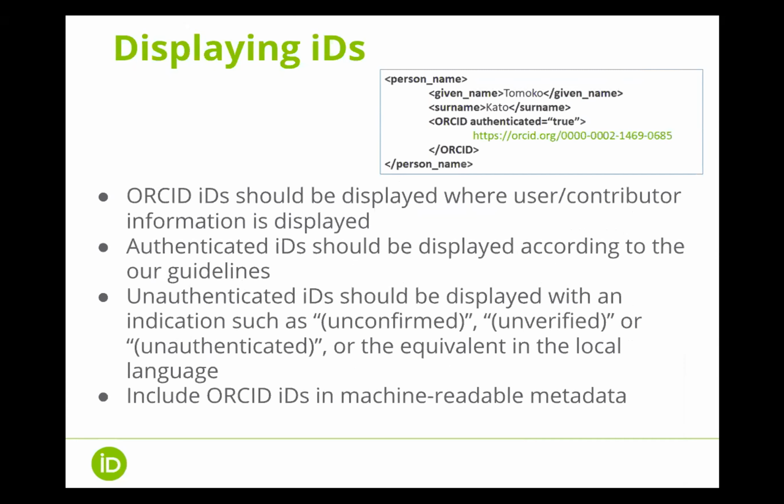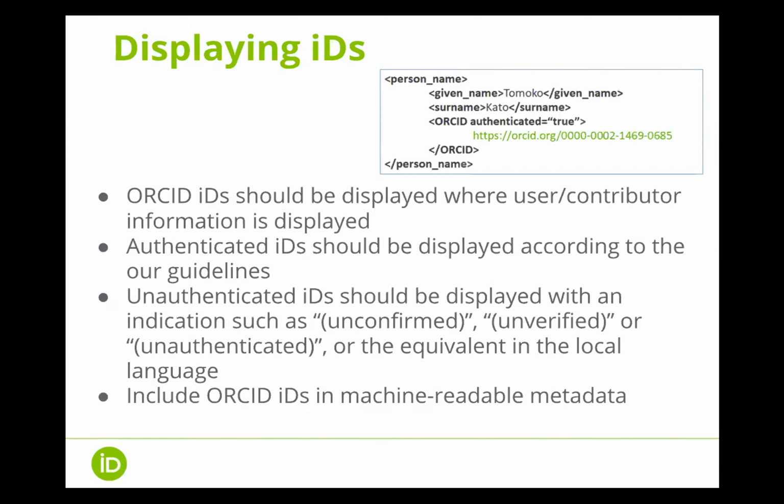Here we recommend displaying those IDs you collect. So we recommend that you display this information publicly whenever the name of the person appears. If the ID has been authenticated, we recommend that you display it according to our guidelines, meaning that you include the green ID icon, followed by the ID, and hyperlinked to the HTTPS version of that ORCID ID.